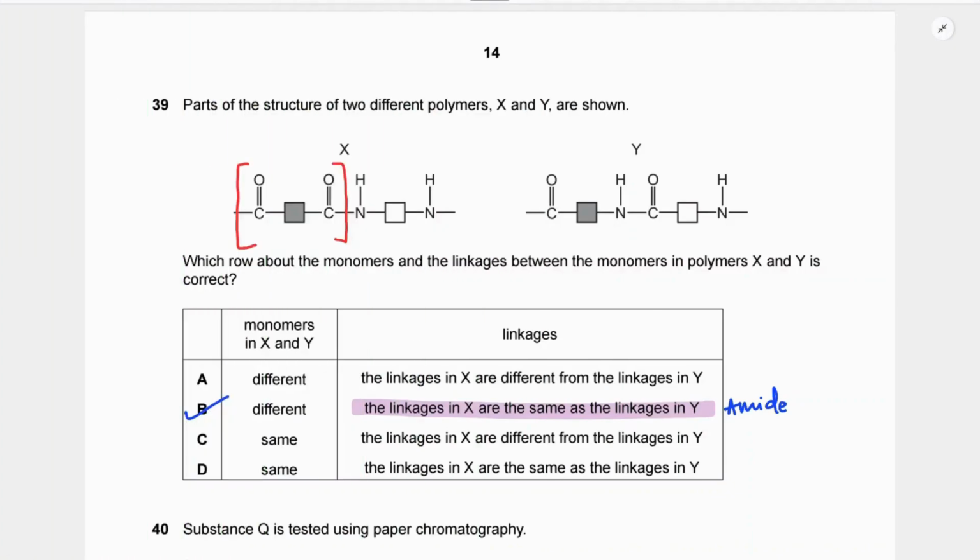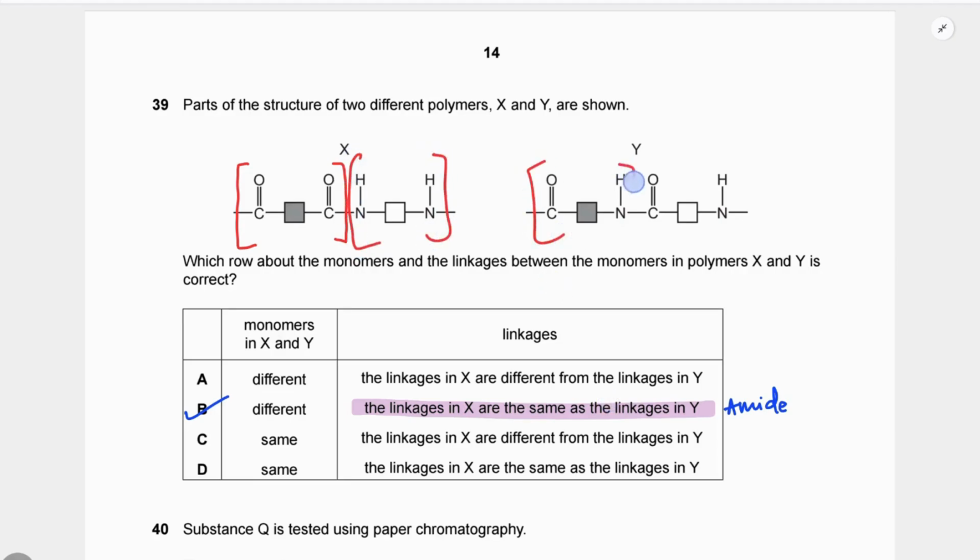Question 39. Parts of the structure of two different polymers X and Y are shown. Which row about the monomers and the linkages between the monomers in polymers X and Y is correct? The monomers in X and Y are different, as you can see, with C double bond O and NH.